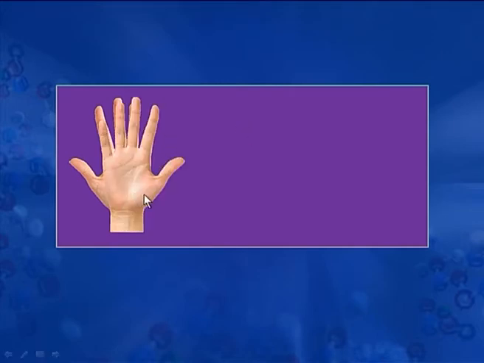We observe that two hands cannot be superimposed, because the thumb of one hand is in this direction, whereas the thumb of the other hand is in this direction. So, they are not superimposable. Although our two hands are identical, they are non-superimposable. So, this property was given the name handedness or chirality.